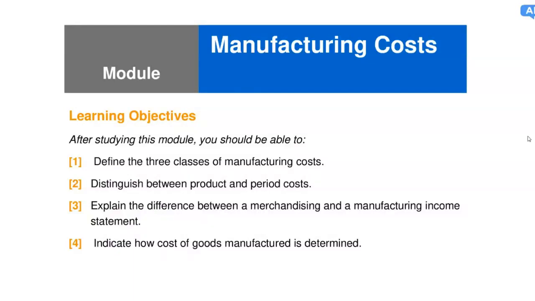So that's where we're going. But we begin with just understanding the manufacturing costs and the three categories of manufacturing costs. And today we will simply go as far as distinguishing between what we call a period cost and what we call a product cost. Okay, are you with me?